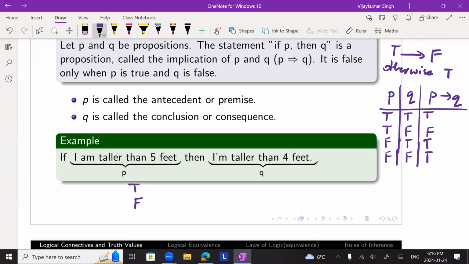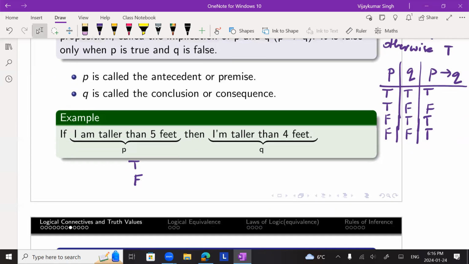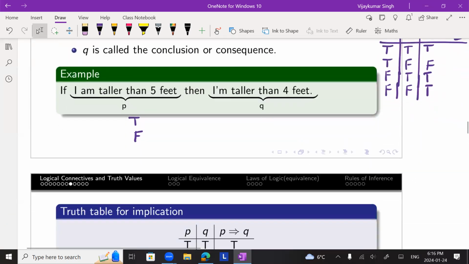So what do you think is the value of this statement? True, right? Suppose this statement is false, I'm taller than 5 feet. That's false. Then in that case, we'll have what? False. So this is an example of an implication.